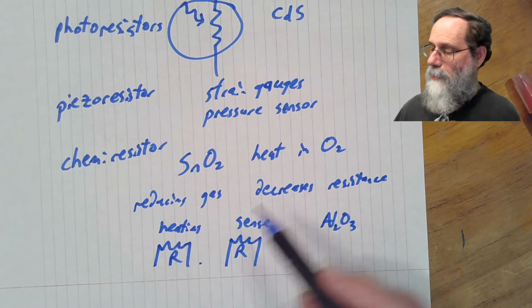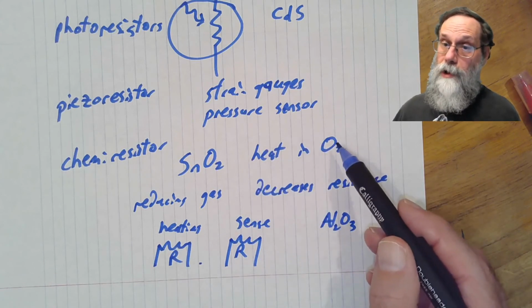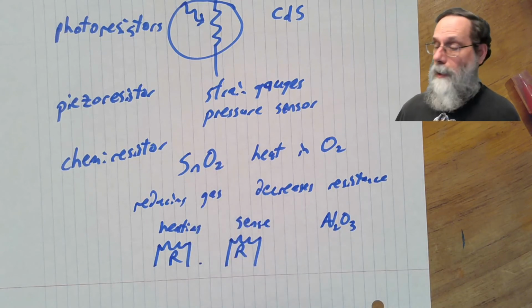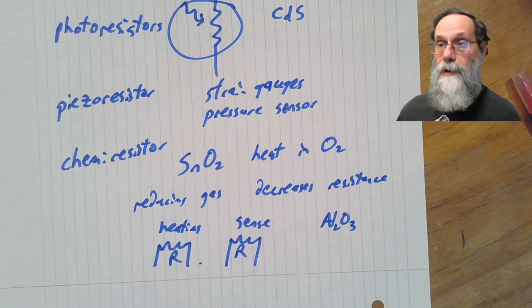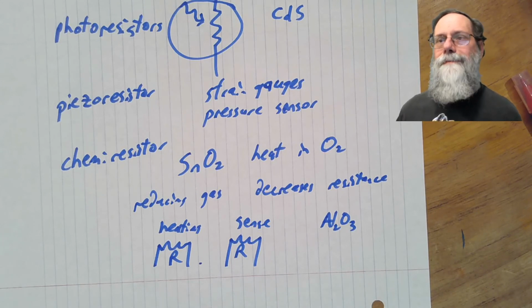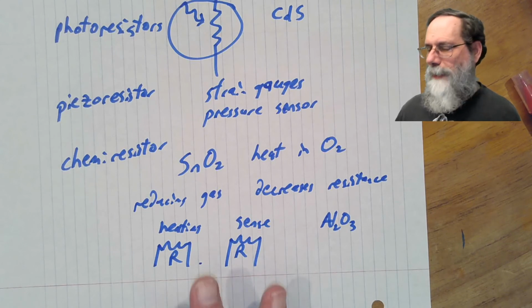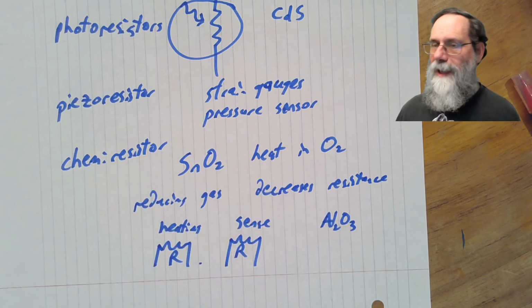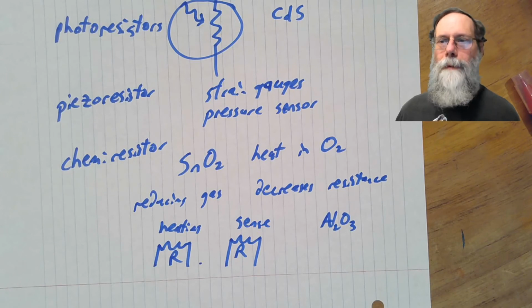This heating is necessary because you need to adsorb oxygen onto the surface of the tin oxide and get it to a known temperature. The whole thing is temperature sensitive, it's humidity sensitive, it's got a lot of minor problems with measuring things. Almost all the tin oxide sensors, the manufacturers design them to be particularly sensitive to one particular volatile compound like alcohol, but they nearly always have cross-reactivity with other volatile organic compounds.